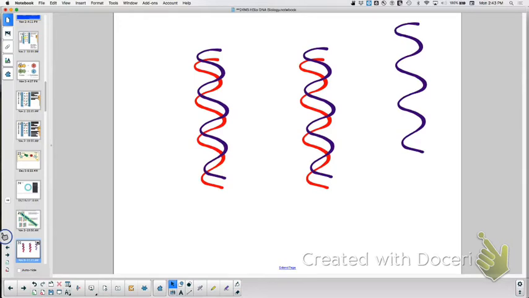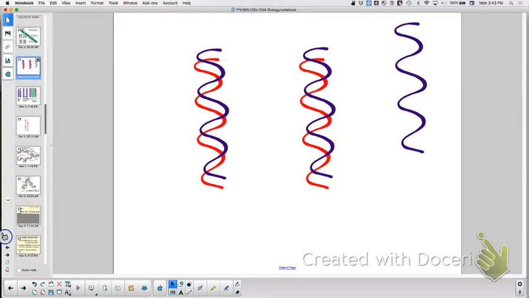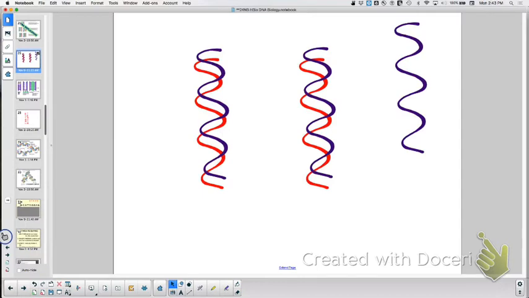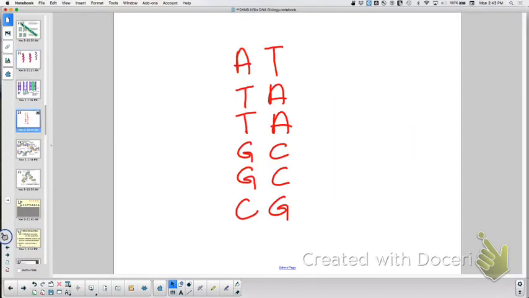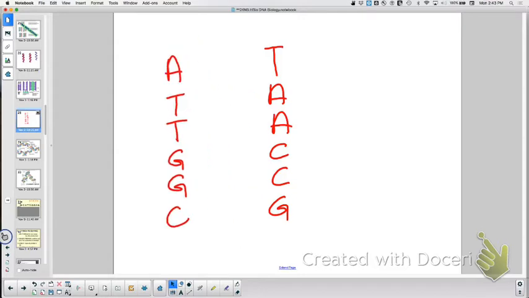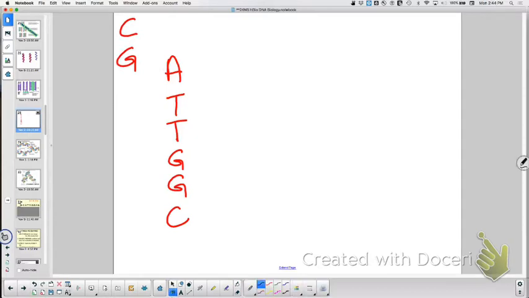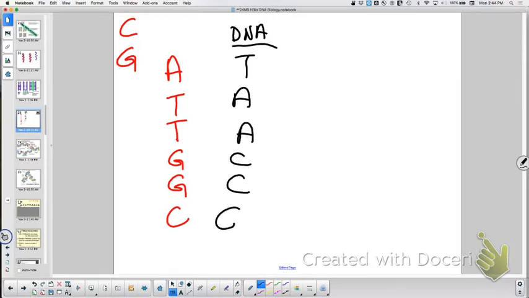Right? And let's go ahead and do a little DNA replication. Oh, let me ask you this, because I will ask you this. Okay, let me take one. If this is the leading strand right here, let me just put this away. If I was going to make DNA off this leading strand, tell me the series of bases that I would have right here. T, A, C, C, G. Good.